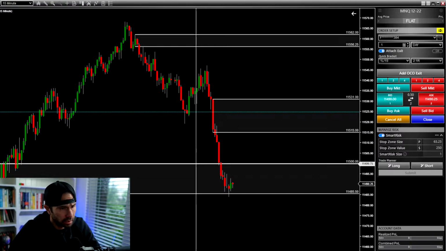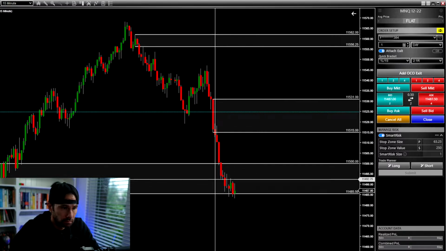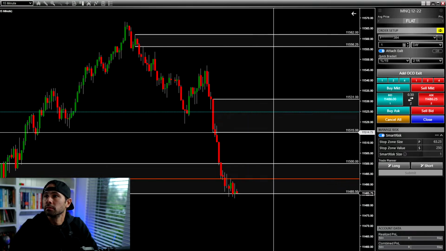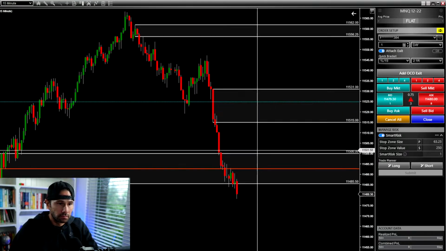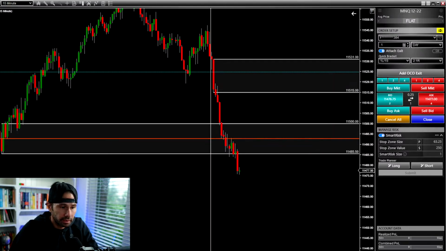The tick chart never showed me a divergence, so I need to be aware of that. Meaning it'll be a bit riskier trade. Yeah, the dollar is holding right there.